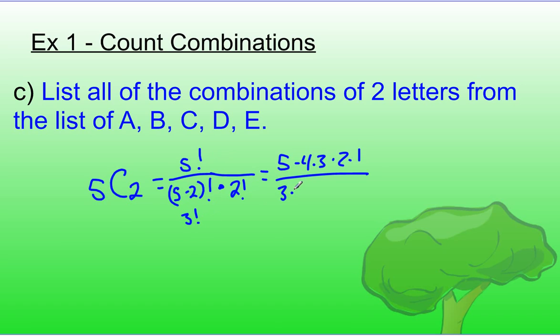So 3, 2, 1 times 2, 1. We have a 2 and a 1 in common. We also have a 3 in common, which gives us 20, 5 times 4, over 1 times 2, simplify, 10.